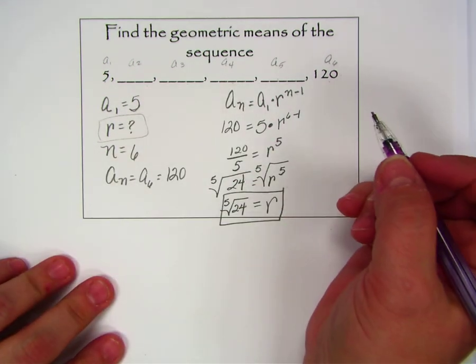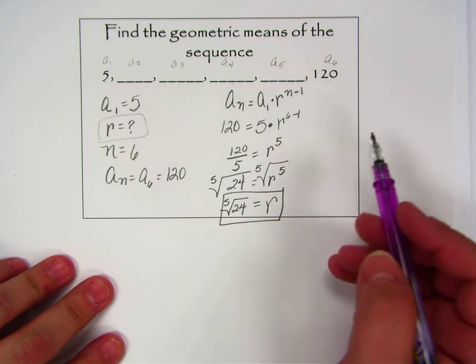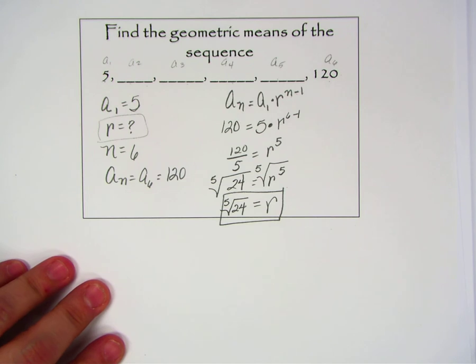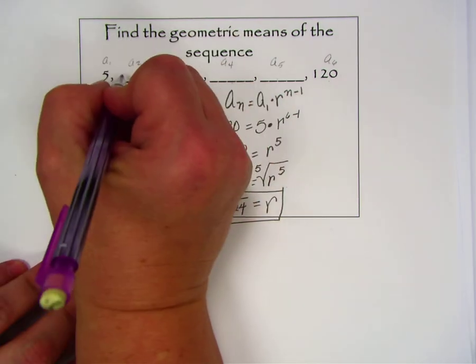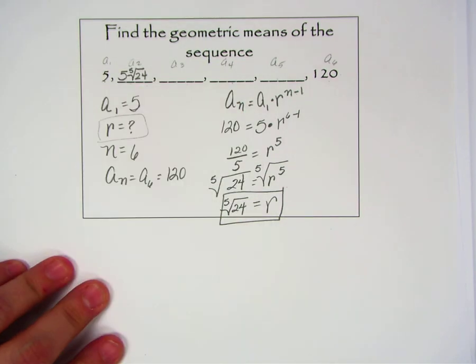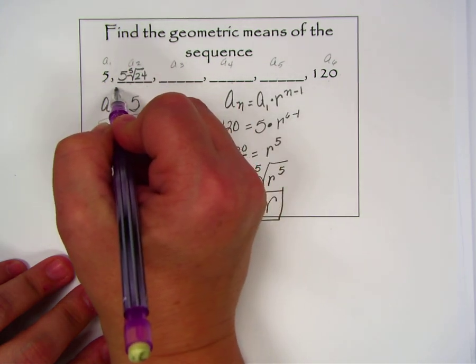So, this is my favorite part. This is what the terms look like. To get from here to here, I multiply by the 5th root of 24. 5 times the 5th root of 24. You with me? To get to the next one, I multiply this by the 5th root of 24.